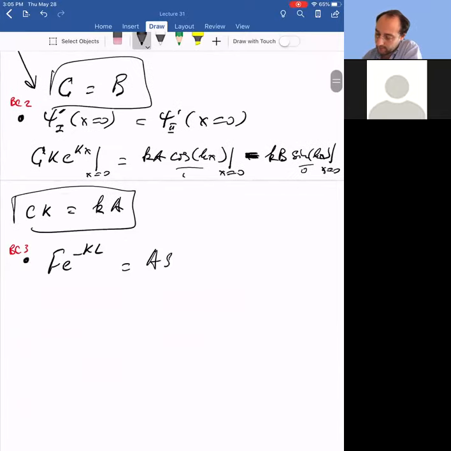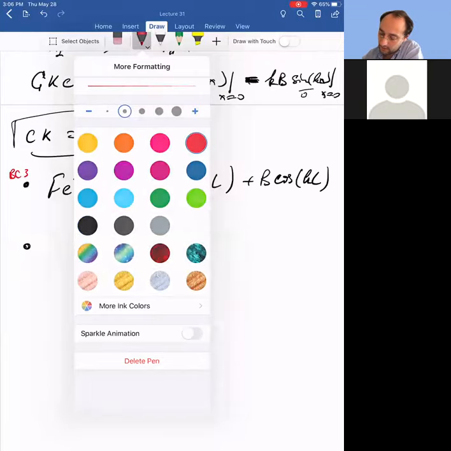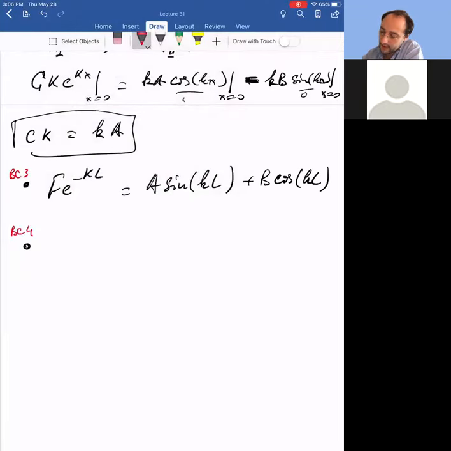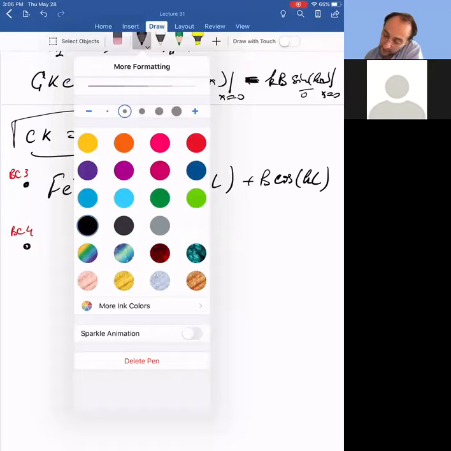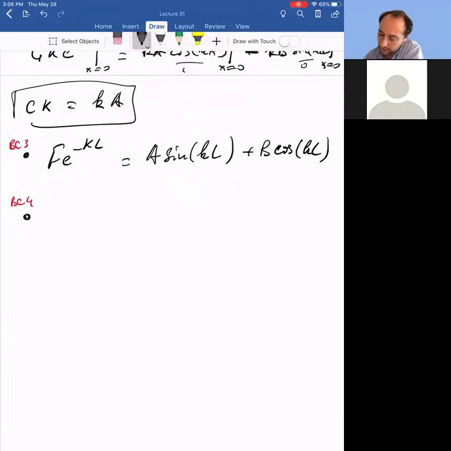All right. Bummer. It's not as pretty as we were hoping, huh? And then finally, there's a BC4, which is even a little bit messier. So the teachable moment here is you can see how real calculations are actually done.